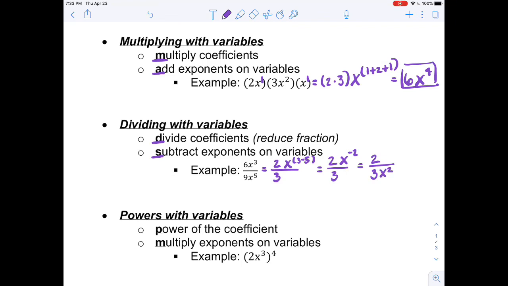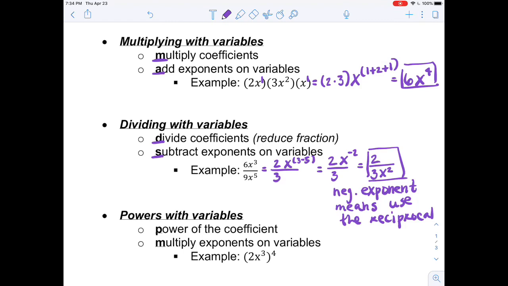Again, a negative exponent, let's write ourselves a note. Negative exponent means use the reciprocal. So maybe that'll help you remember if you just go ahead and put yourself a note there.